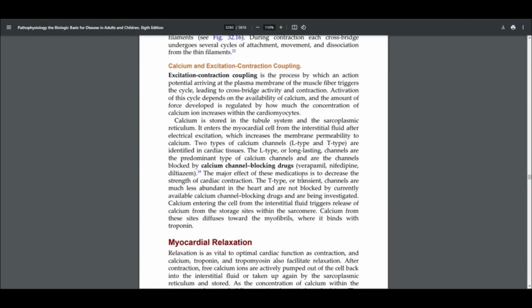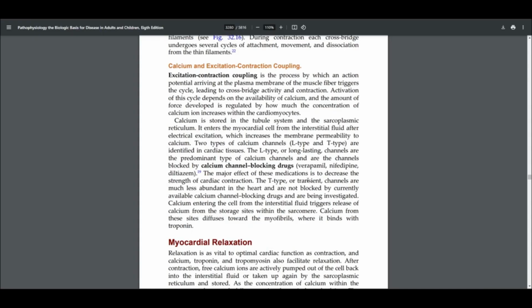Okay, so calcium and excitation-contraction coupling. Excitation-contraction coupling is the process by which an action potential arriving at the plasma membrane of the muscle fibers triggers the cycle, leading to cross-bridge activity and contraction.